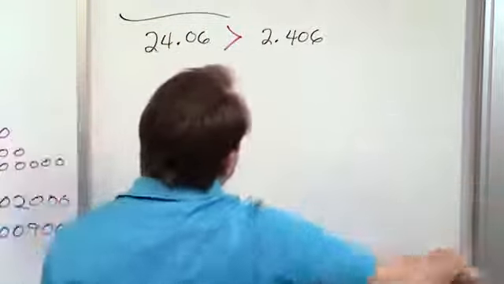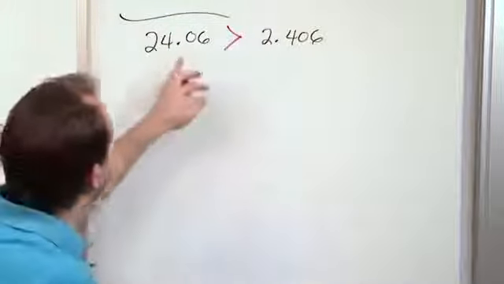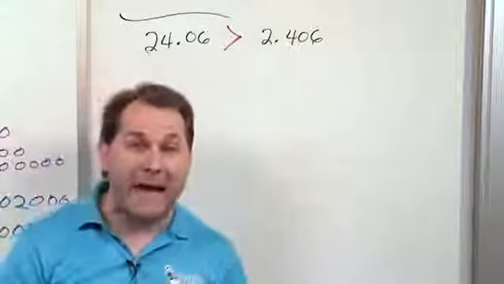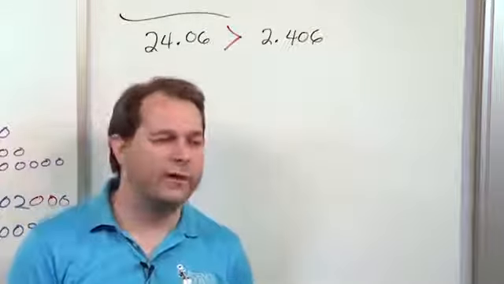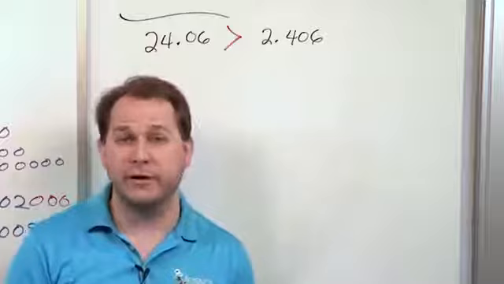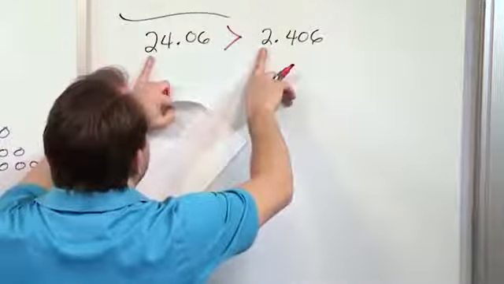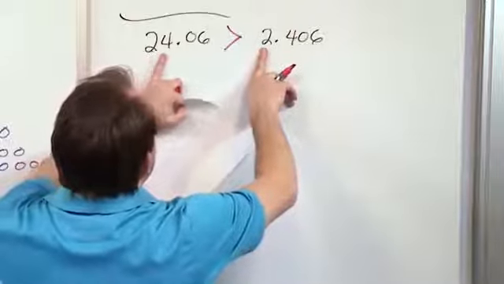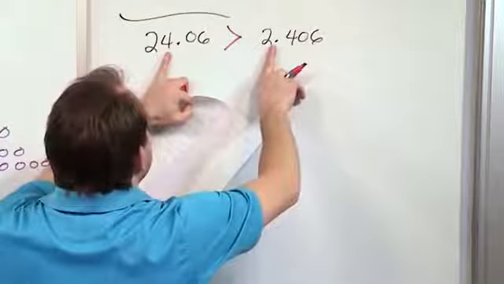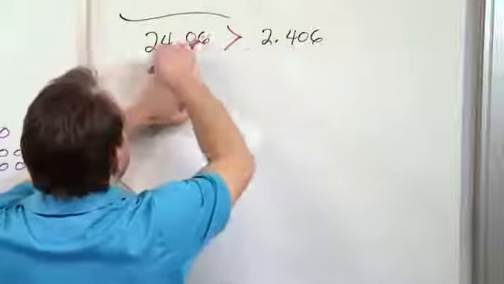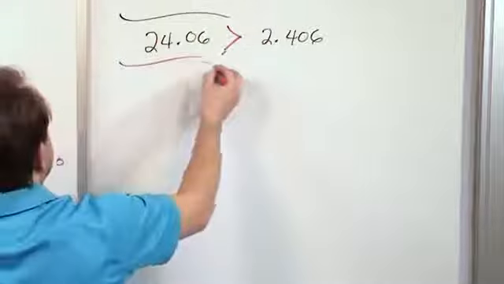It doesn't even matter what's after the decimal. All right? So the placement of the decimal dramatically changes what the value of that number is. So you have to make sure and look at it. So you would be comparing the 2 with the 2, and then you notice that you have an extra digit in front, and then this one's over behind, so you immediately know this is the bigger number.